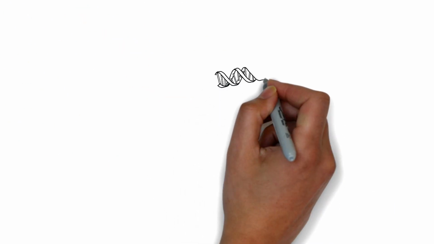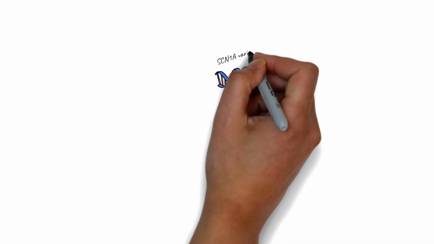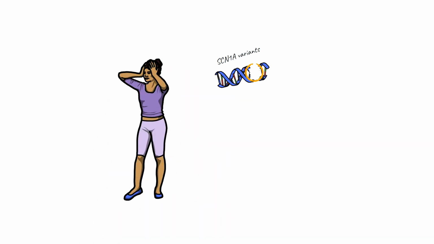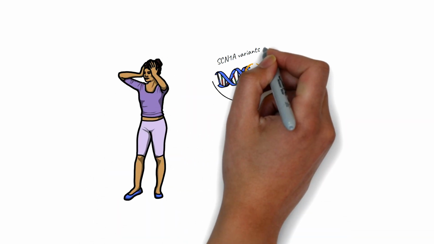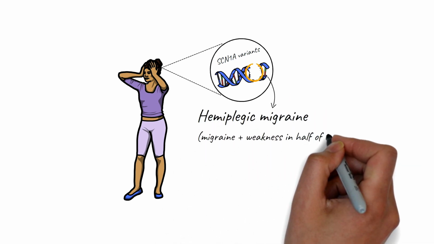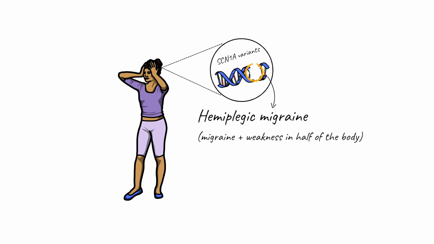Furthermore, not all individuals with a pathogenic SCN1A gene variant have epilepsy. A small group of patients with SCN1A gene variants has been described that do not experience seizures, but a specific type of migraine associated with weakness on one side of the body called hemiplegic migraine.